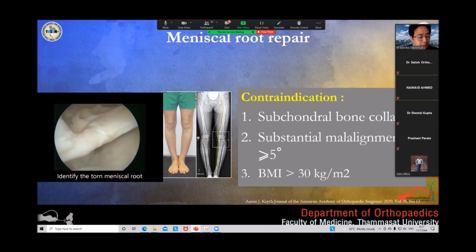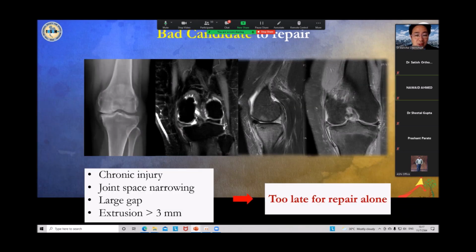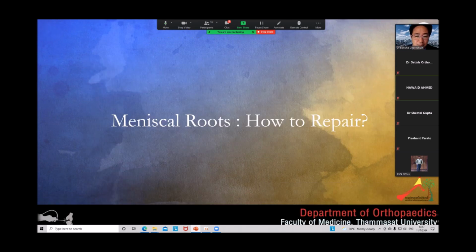Contraindications are subchondral bone collapse, substantial malalignment of more than 5 degrees, and BMI more than 30. This is a bad candidate: joint space narrowing, a large gap, extrusion more than 3 millimeters. It is too late to repair it alone.